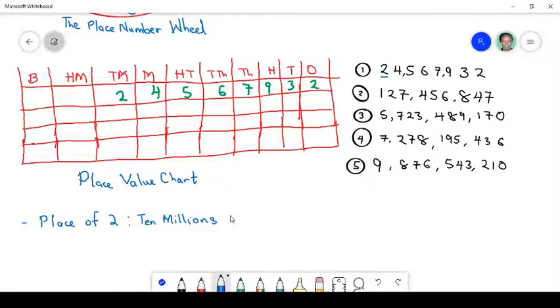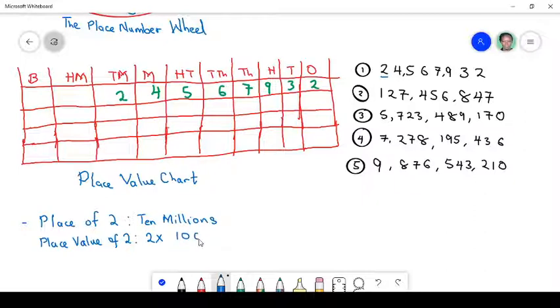If I want the place value of 2, you realize that I have 2 times 10 millions. How many zeros do I have? I have 1, 2, 3, 4, 5, 6, 7. So I have 7 zeros.